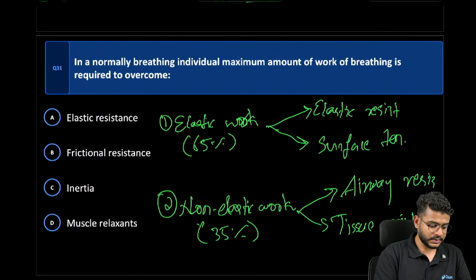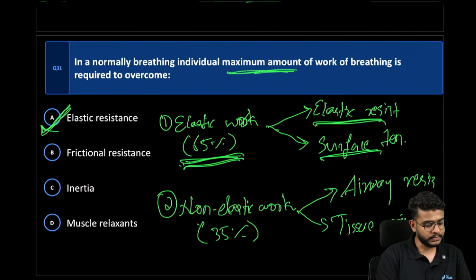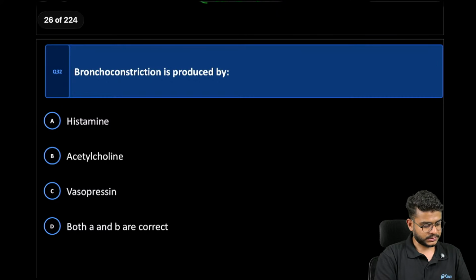So the major work is done by the elastic work, which constitutes the elastic resistance and the surface tension. So the maximum amount of work is required to overcome the elastic resistance and also the surface tension. Okay, the next question.